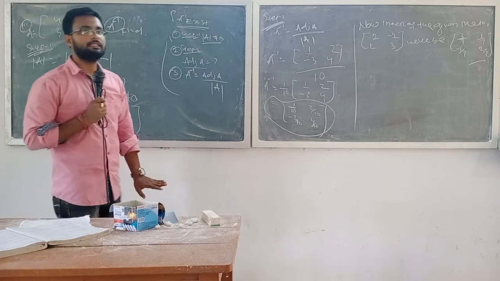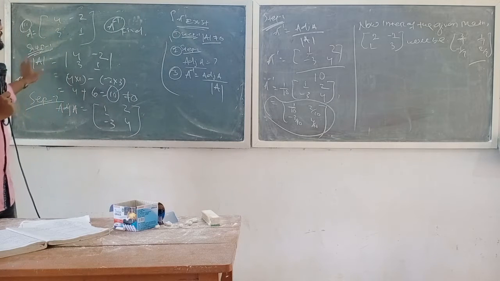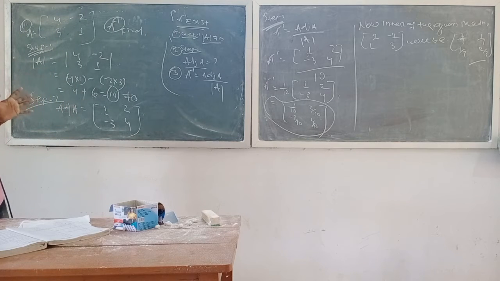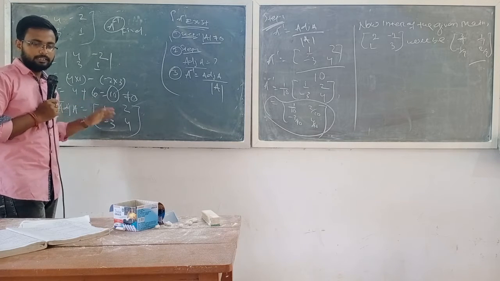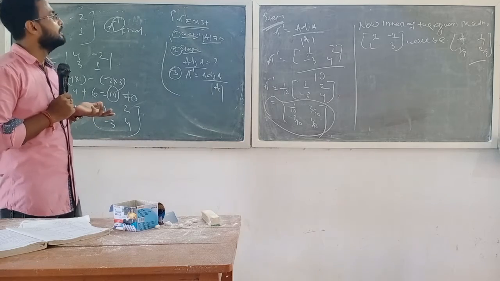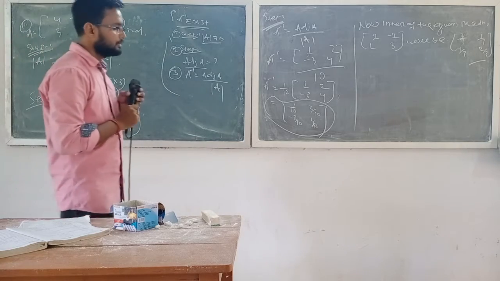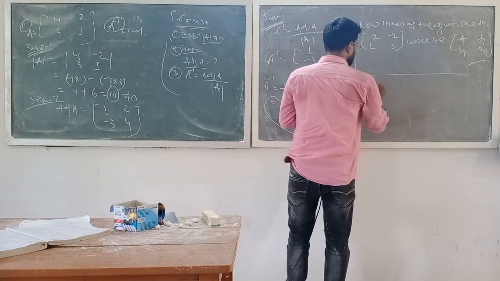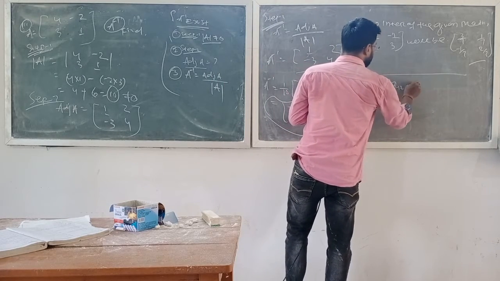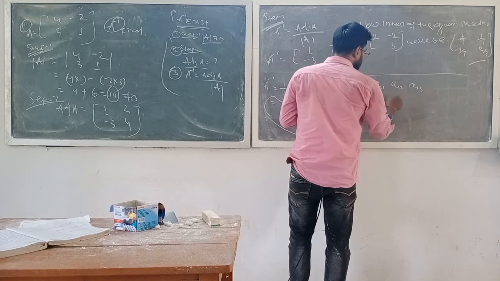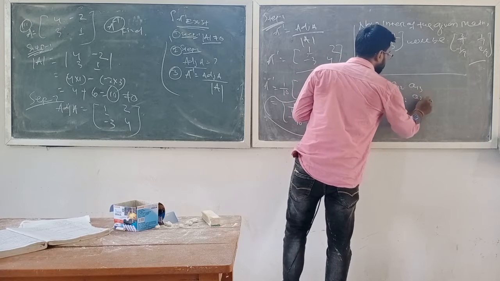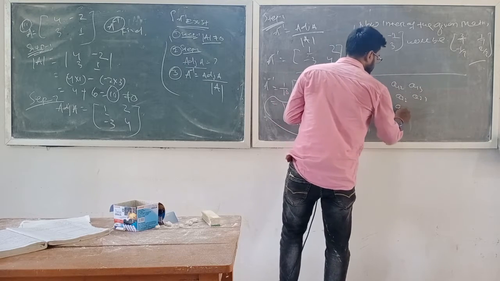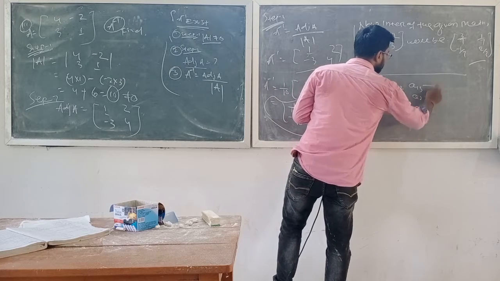This is the process to find out the inverse of a matrix of order 2 by 2. If the matrix is given 3 by 3, then how to find the inverse of a matrix? For the 3 by 3 matrix, we have A11, A12, A13, A21, A22, A23, A31, A32, A33.